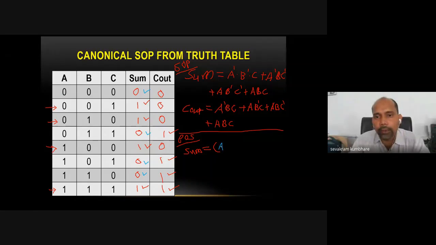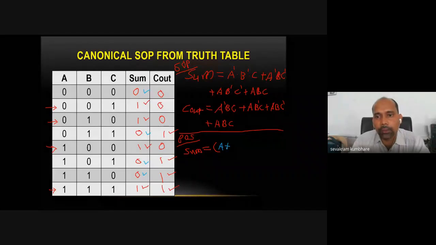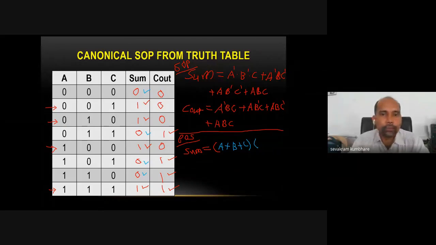A plus B plus C, since it is POS, product of sum. Into the second: A is 0, so A, plus B is 1, so B bar, C is 1, so C bar.